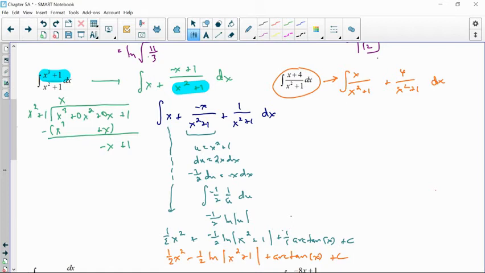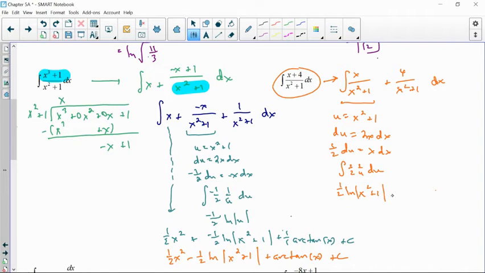So I'm going to do a u substitution on this first term, although based on our last example, it should be pretty straightforward. 2x dx, we're off by this time just a positive 1/2 plus x dx. So then this becomes the antiderivative of 1/2 of 1 over u du, which is 1/2 natural log of u, and I'll go ahead and just call that x squared plus 1 since I already sort of did it in the last example.